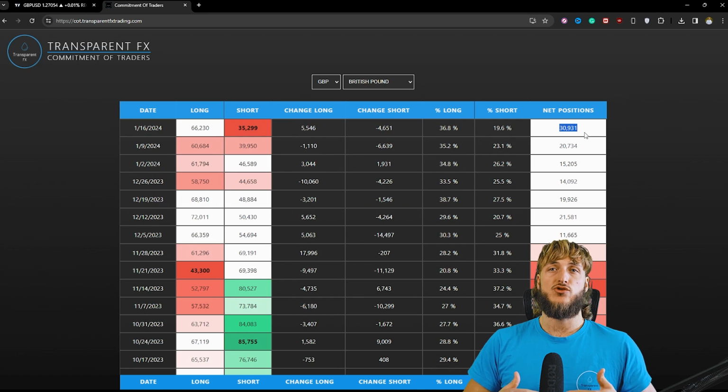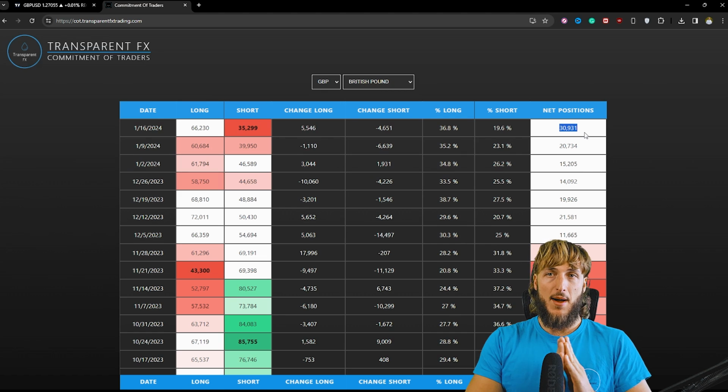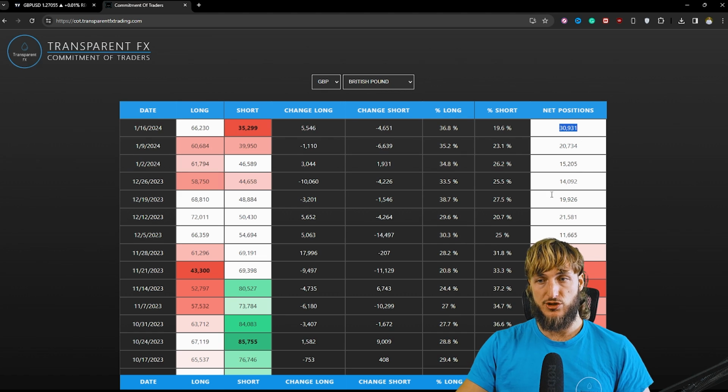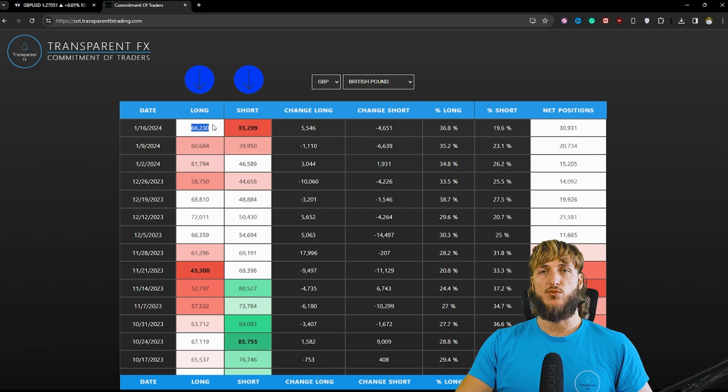So we had a strong increase of the net positions, with institutions shifting from a bearish positioning to a bullish positioning. In fact, we went from having more shorts than longs from an institutional perspective, with 80.5k shorts compared to only 52.7k longs, all the way up to now having 35.2k shorts compared to 66.2k longs.